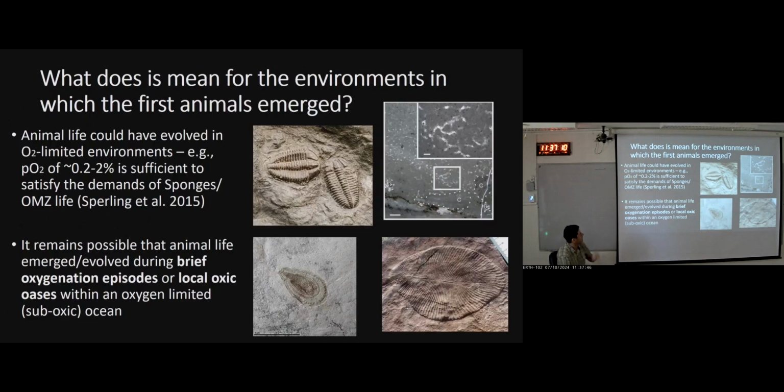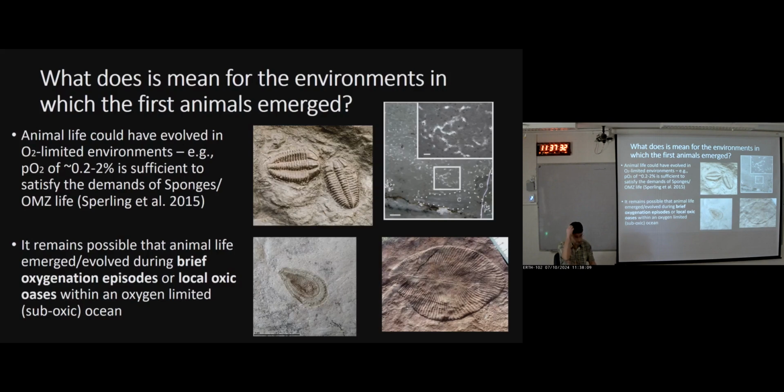So what does it tell us about the environments in which the first animals emerged? It tells us that these animals have emerged in oceans that were mostly limited in oxygen. They must have some, because these organisms are aerobic. They respire oxygen.